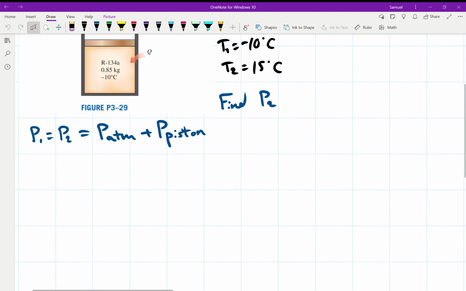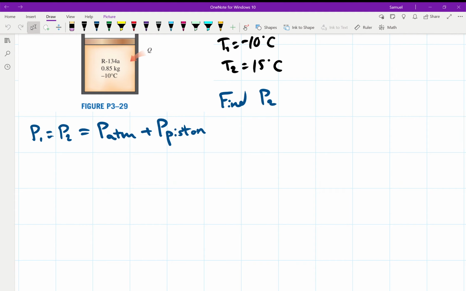If we think of this as a free body diagram, here's our cylinder. You have the atmospheric pressure coming down, and you also have the pressure from the piston coming down.